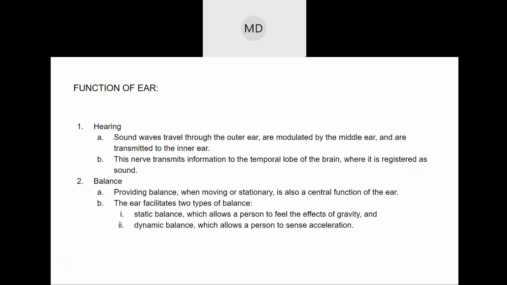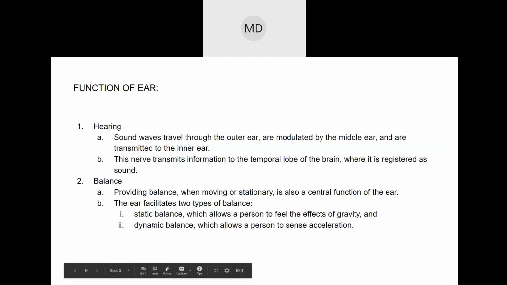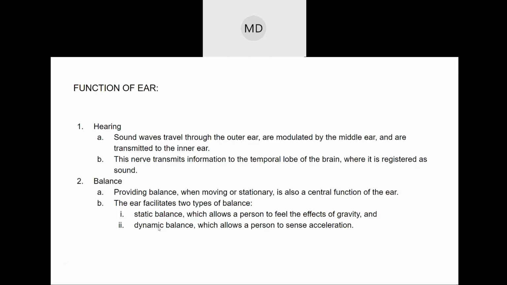That is known as dynamic balance. So balance is of two types, static balance and dynamic balance. Static balance allows a person to feel gravity, and dynamic balance allows a person to sense acceleration or movement. So the human ear has two functions: one is hearing, and the second is providing balance to our body.